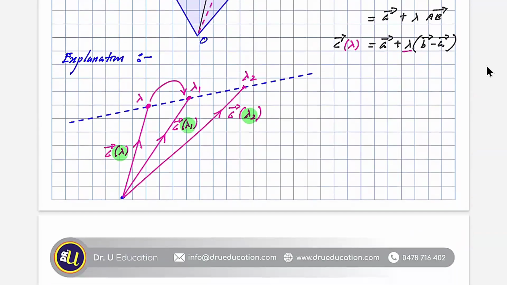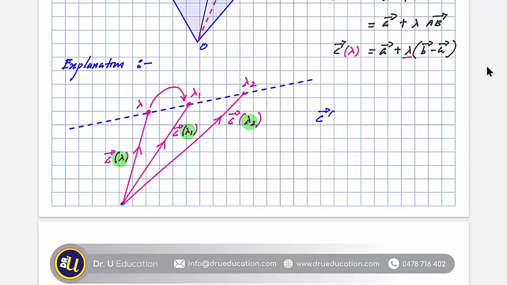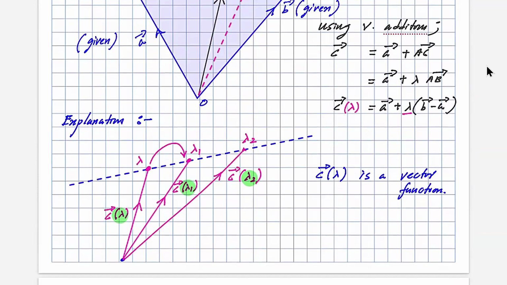So, C of lambda is a vector function. Okay. Right. That's the whole syllabus, vector syllabus, in 15 minutes.